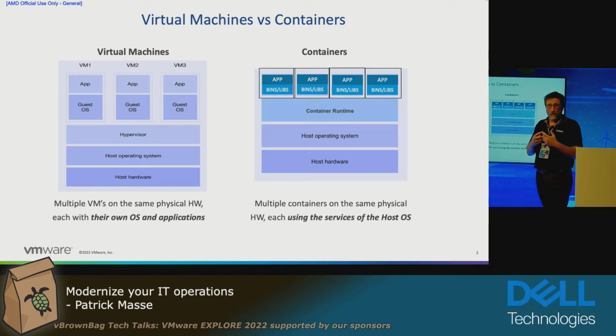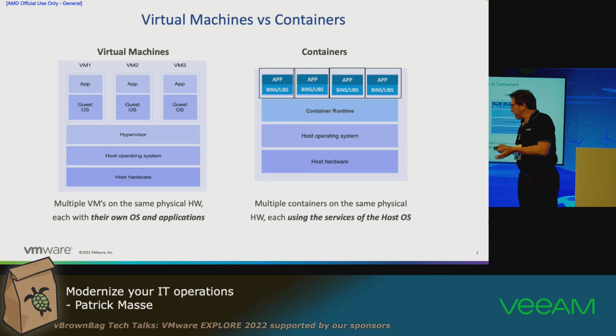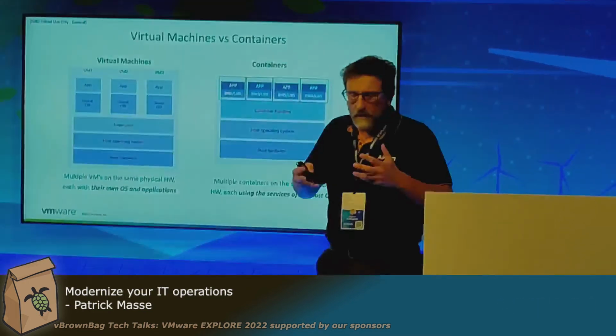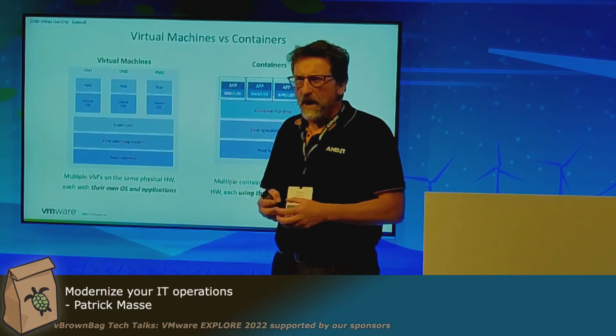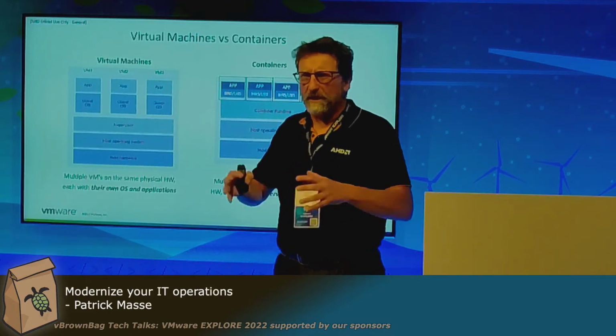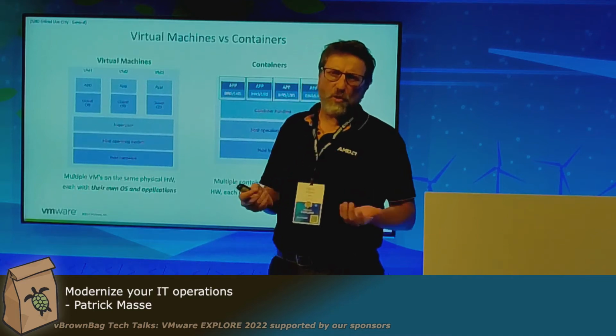It's great from a portability standpoint because your virtual machines will run on the same hypervisor elsewhere. It's a way to control your dependencies in the same virtual machine, but it has some drawbacks.